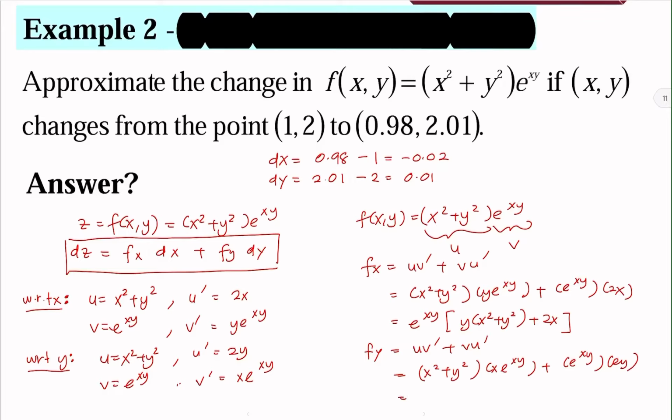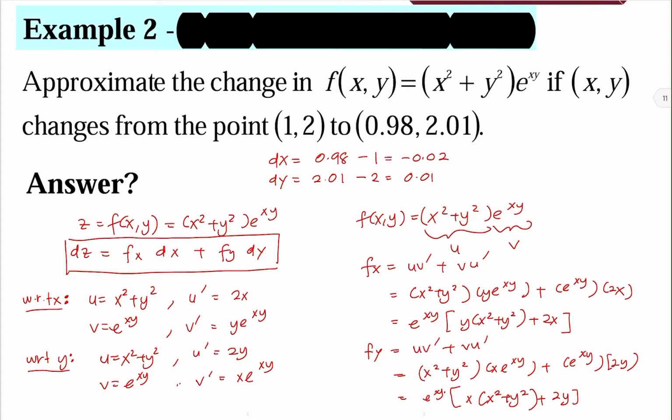We can simplify with e^(xy), and the balance is x(x squared plus y squared) plus 2y. It's not so clear here, it's 2y. Sorry for my handwriting.